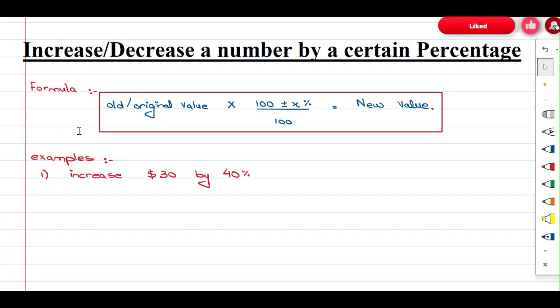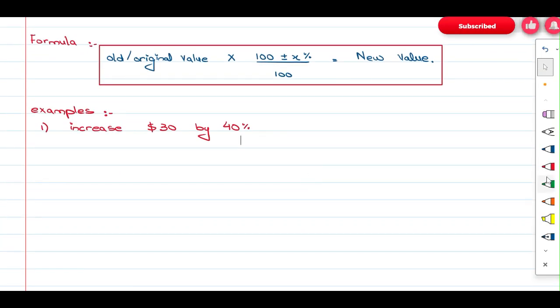Now how do I increase $30 by 40%? Again, we use the formula. The formula is the old or original value, which is 30, multiply 100. This is an increase, so we add some percent, which is 40%, divided by 100. That is my new value.